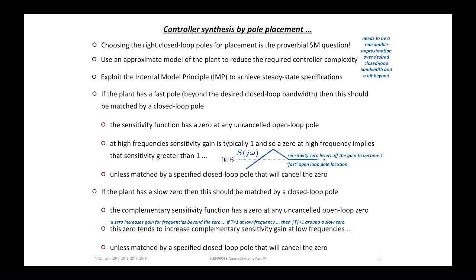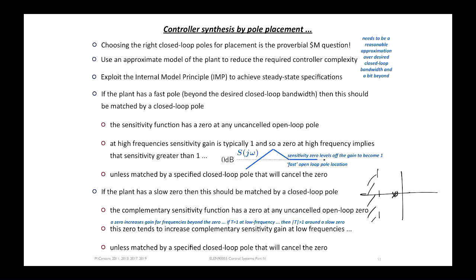And we've seen that when you have situations like this, where the poles are faster than this, you can get lots of overshoot in your step responses. But if you put a closed loop pole in that tries to cancel that, then you won't get that effect.